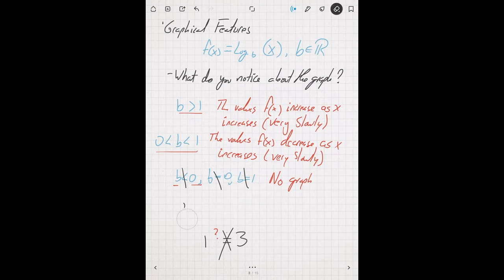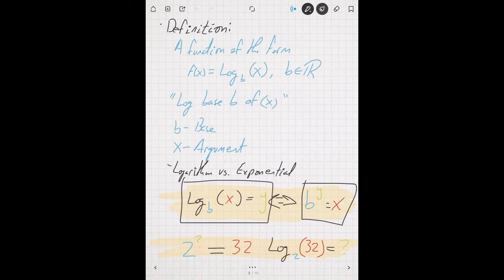So we have some restrictions we should probably put on the definition of a logarithm. So let's go back a little bit. I'm going to, in a different color here, put some restrictions on this definition. We're going to say that a logarithmic function is a function of the form log base b of x, where b is a real number, b is greater than 0, and b is not equal to 1.